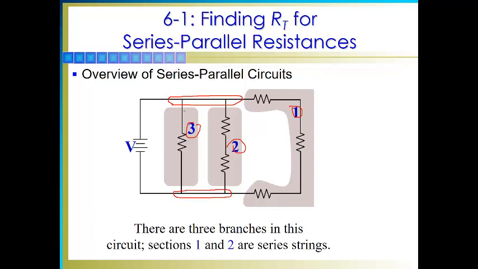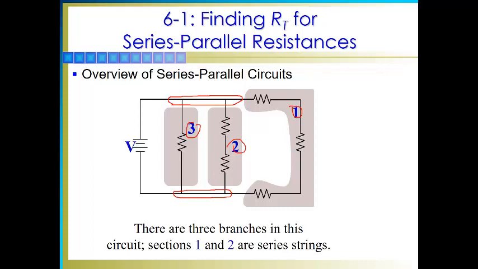However, branch 3 only has one resistor. Branch 2 has two resistors, even though branch 2 and branch 3 are connected in parallel. Within branch 2, you have two resistors connected in series. So to determine the equivalent resistor for this string right here, it will be this resistor plus this resistor.